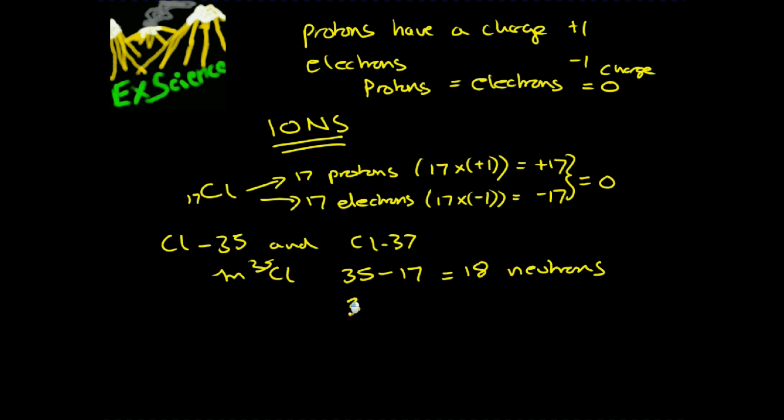Similarly, 37 minus 17 equals 20 neutrons. So there are 17 electrons in both of the isotopes' atoms.